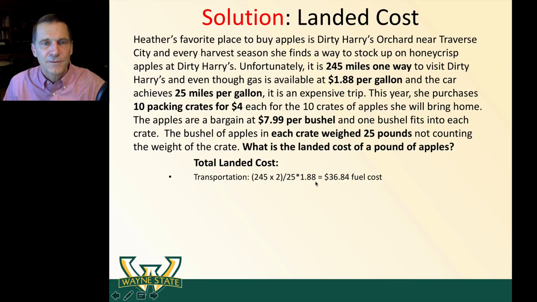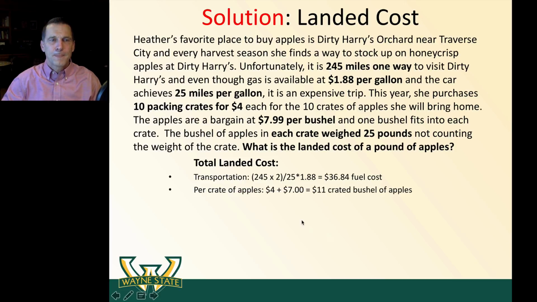So we're just costing the fuel. We're not talking about wear and tear on her brakes and all this other stuff that we know is real, but it's not in the equation, so we're not counting it. $36.84 is what she's going to spend on fuel for the round trip.